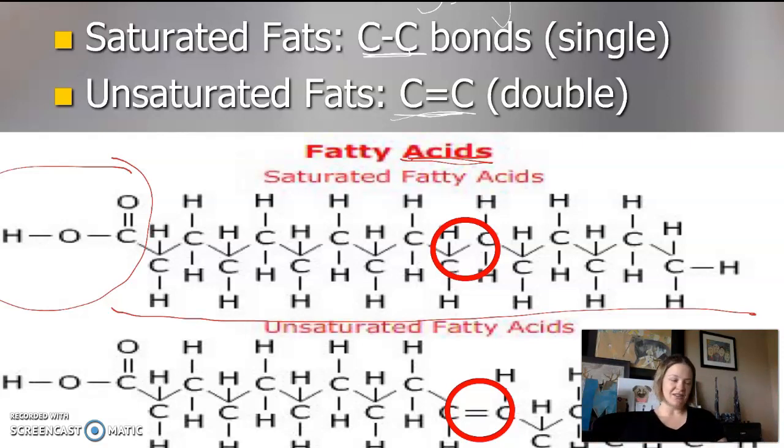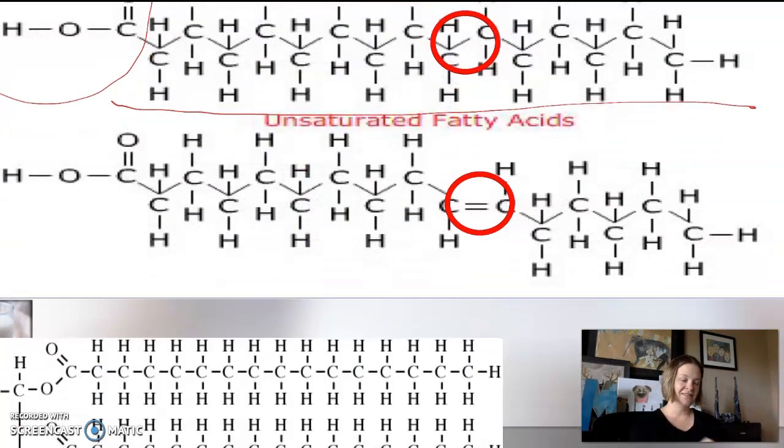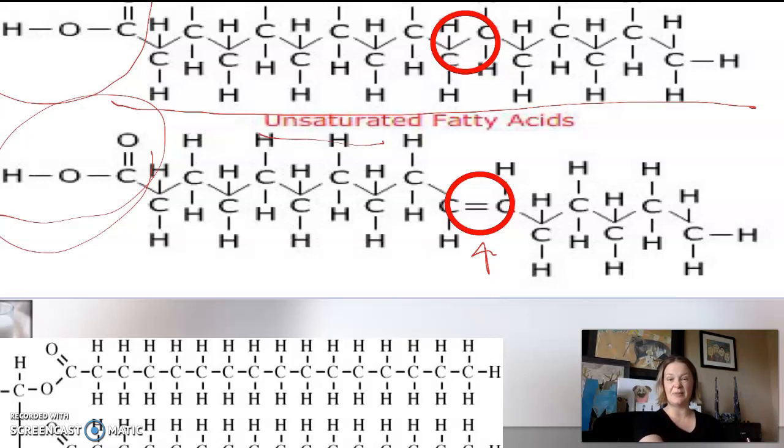So this structure that's up here, because it's all single bonds between carbons, and it's got a carboxylic acid group on the end, we call that a saturated fatty acid. Down here, we call this guy, because it's got the carboxylic acid group on it, and it's got a double bond present, an unsaturated fatty acid.